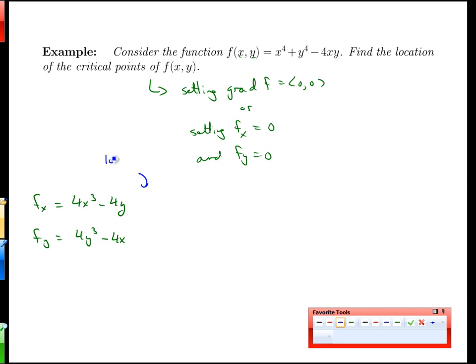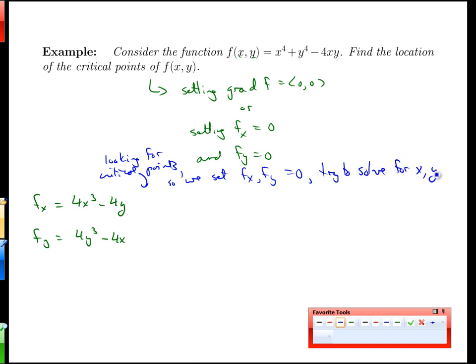So we set fx, fy equal to 0 and try to solve for the points for x and y.